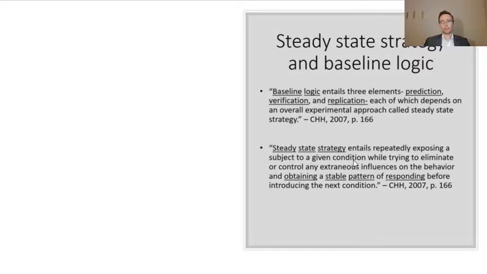In the steady state strategy, you repeatedly collect data on the dependent variable, and you manipulate aspects of the environment to control or remove extraneous variables until the data path in your graph, which represents the dependent variable, is steady, that is, with low variability.